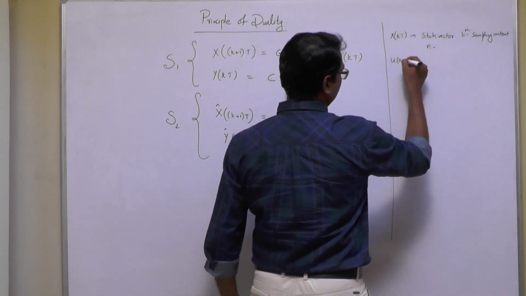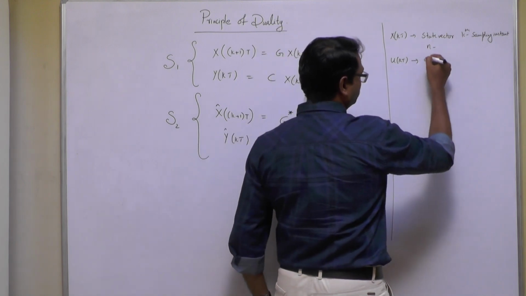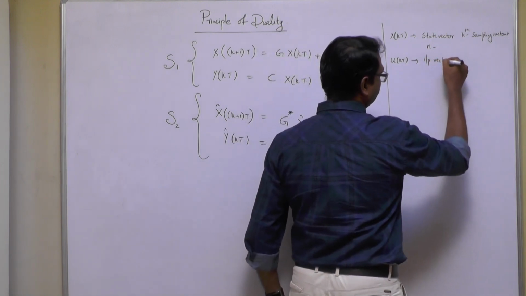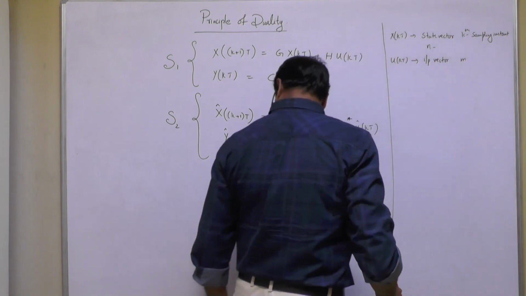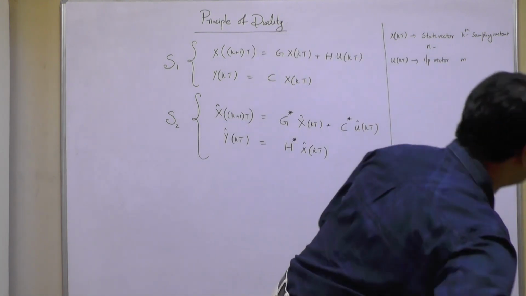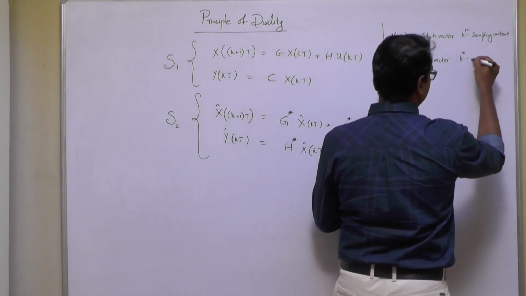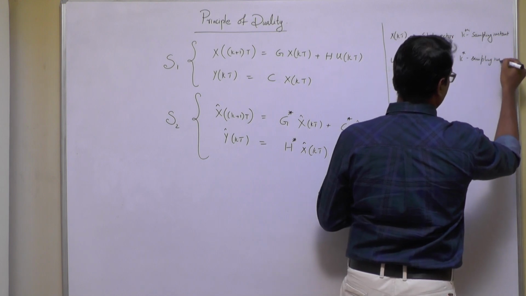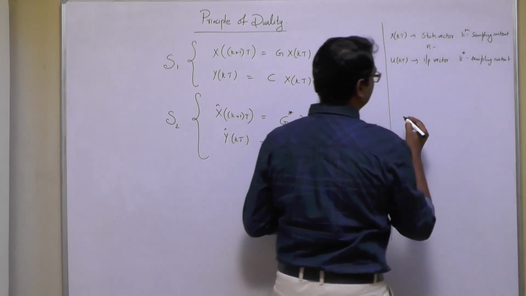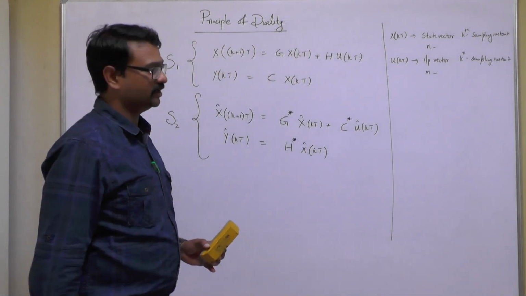Similarly, u of kT is an input vector at kth sampling instant, and it is an m dimensional, m by 1 vector.